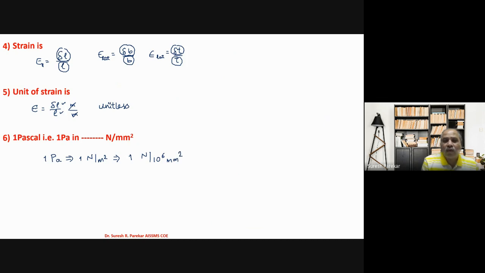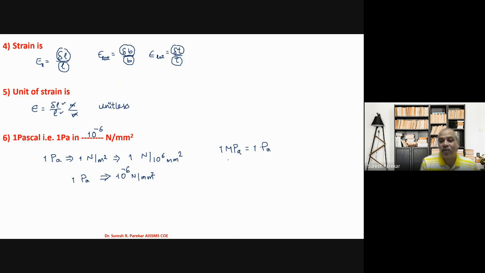So we have 1 Newton upon 10 raised to 6 millimeter square, and then we get 10 raised to minus 6 Newton per millimeter square, and that is the value of 1 Pascal. So 1 Pascal is 10 raised to minus 6 Newton per mm square. In a hurry, we are going to write it as 1, but 1 MPa is 1 Pascal.